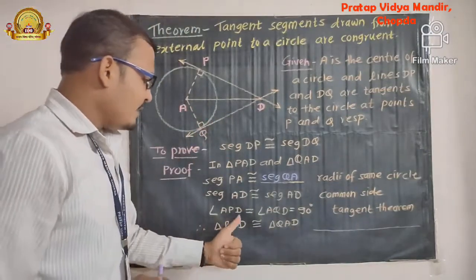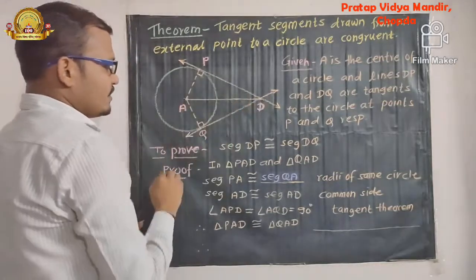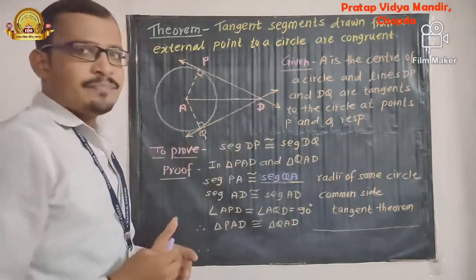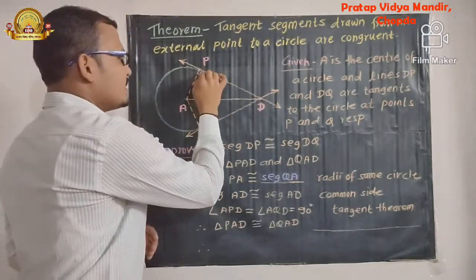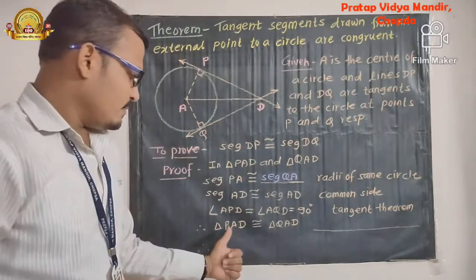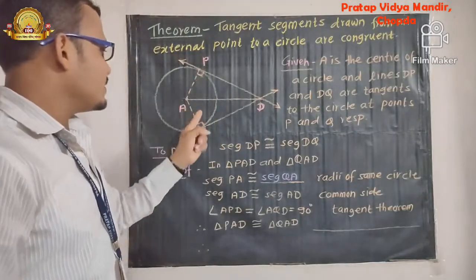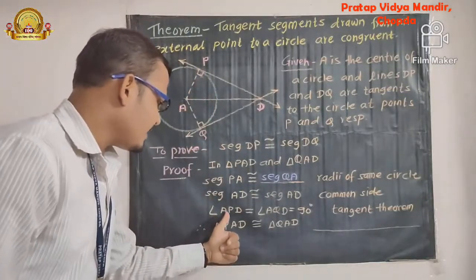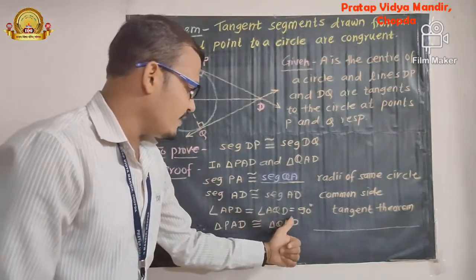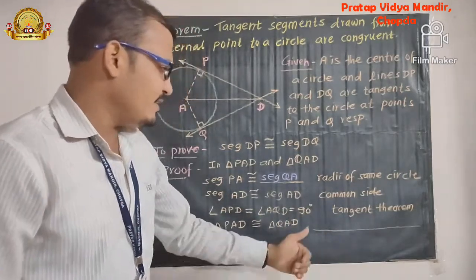Then angle APD congruent angle AQD. Why? Because both measure 90 degrees.